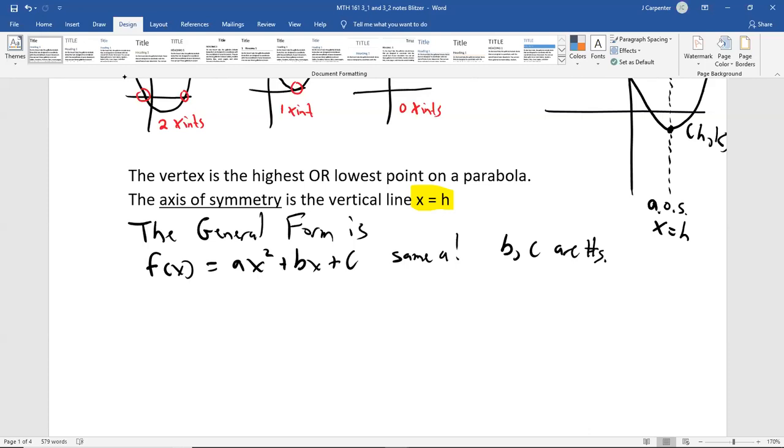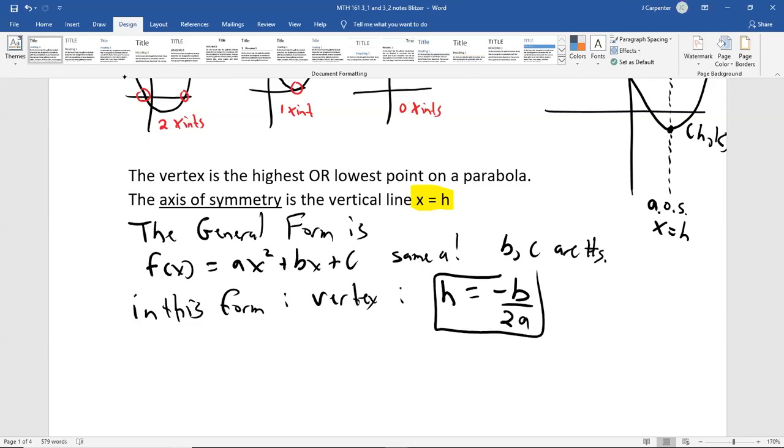Well, if you wanted to do a bunch of fancy algebra and proofs and stuff, it can be shown, calculus helps too, that in this format, you can find the vertex by this formula. h equals negative b over 2a.